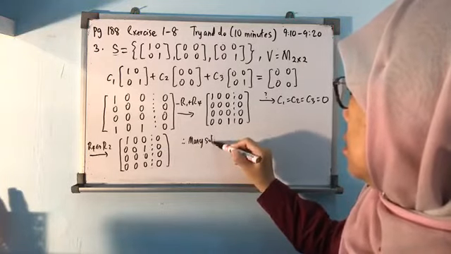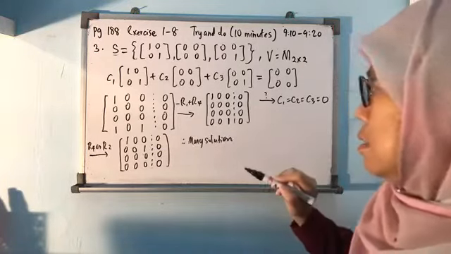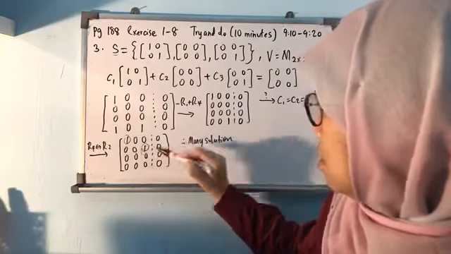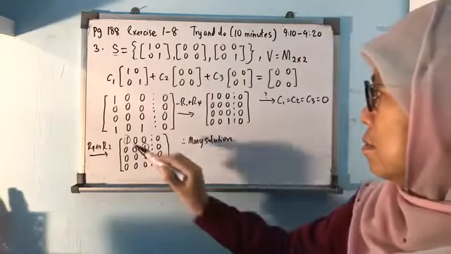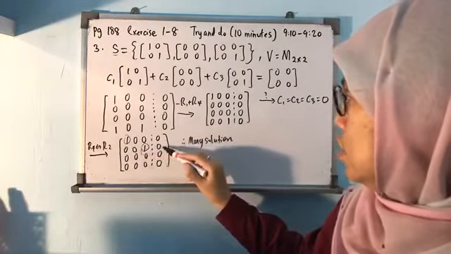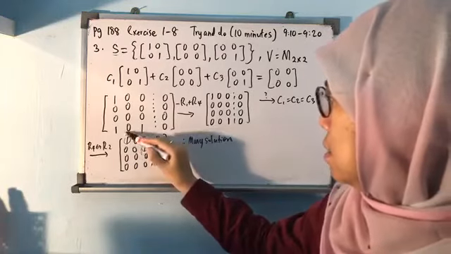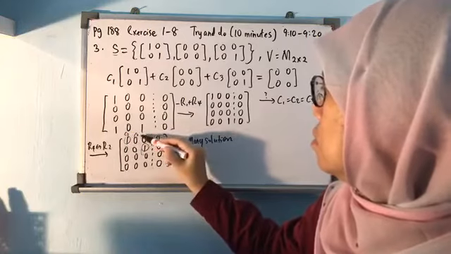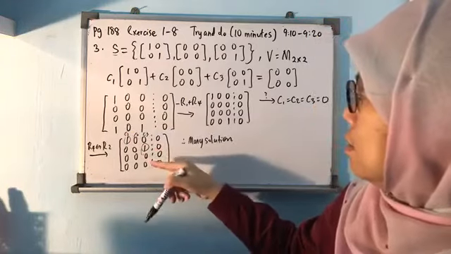many solution, right? Many solution, because this is equal to 0, this is equal to 0, but C1, C2, C3, right?